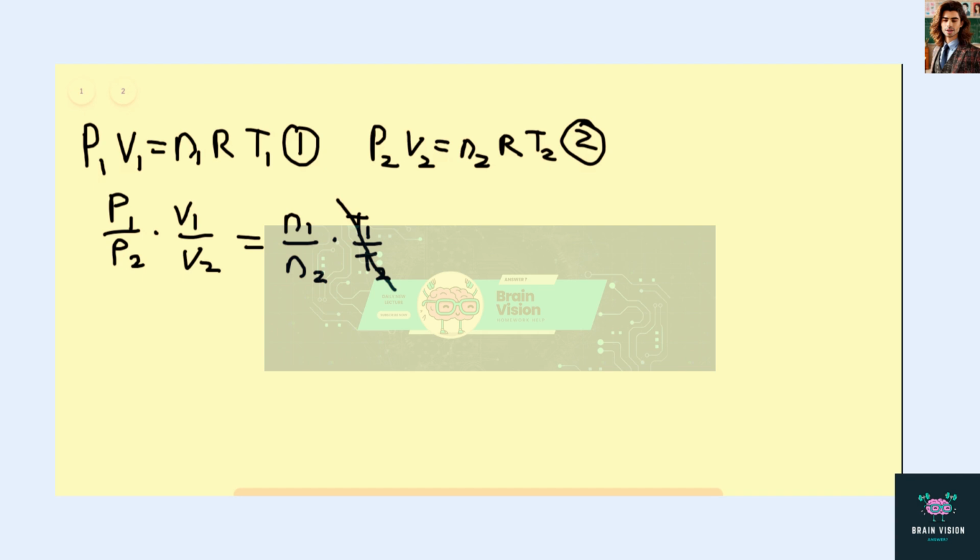So we're filling from the atmosphere at sea level into the compressor, into the scuba tank. So no gas is being lost in this system. So similarly, the number of moles that are being put into the tank are the same as the number of moles being taken out of the atmosphere. So N1 is equal to N2, so N1 over N2 is equal to 1, and similarly this fraction simplifies to 1 in this context.